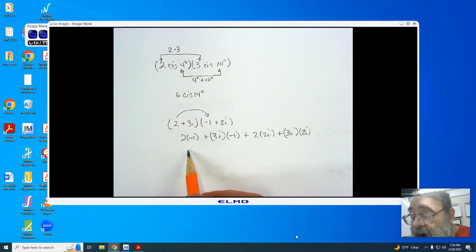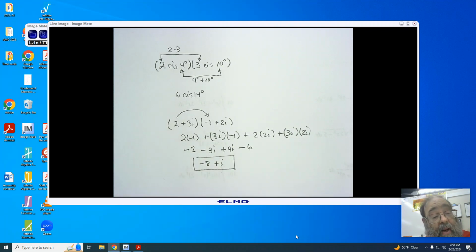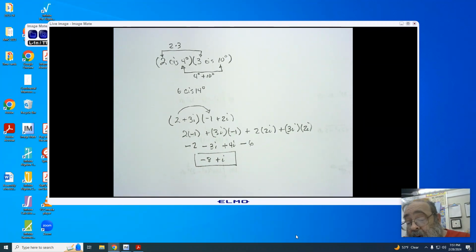We do have to be careful because we get a negative 1 when we get an i squared. So we have negative 2, minus 3i, plus 4i, and a minus from our i squared and 6. We then add like terms and we get negative 8 plus i. And negative 8 plus i would be our answer to this product.